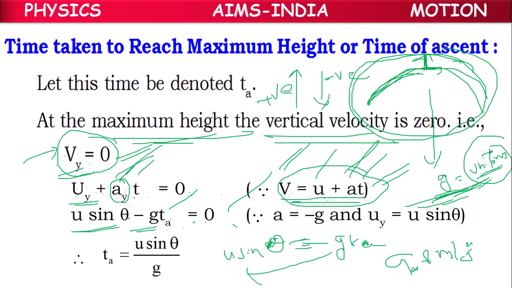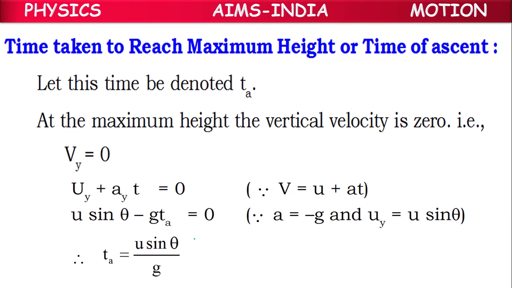If g comes downside, u sin theta by g means t_A, time of ascent, equals u sin theta by g. So in this way, children, we can find the equation for time of ascent for an oblique projectile.